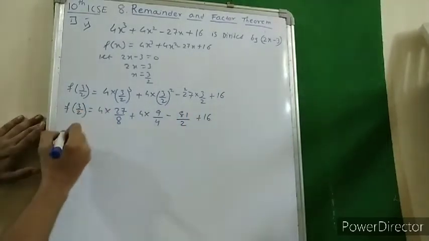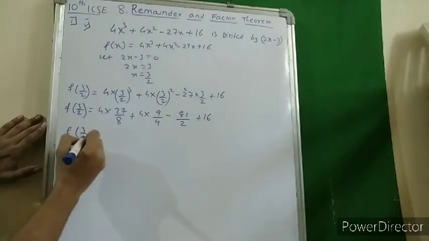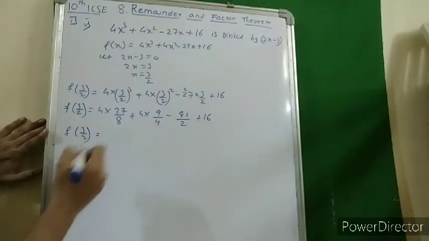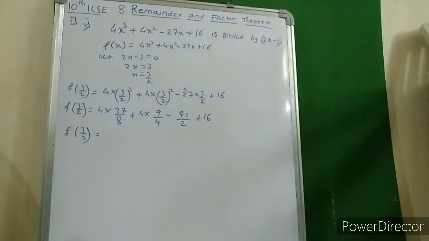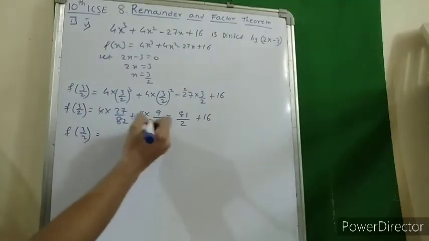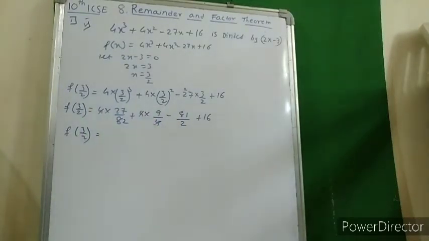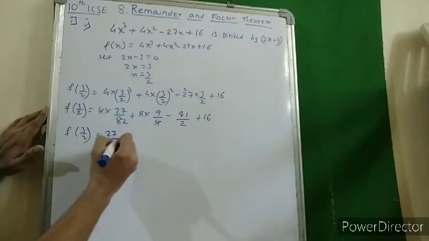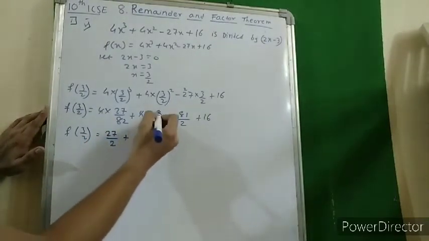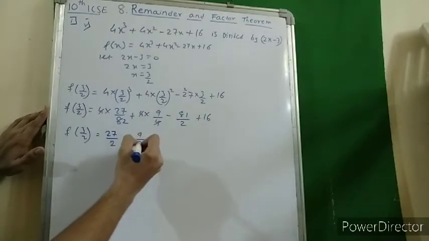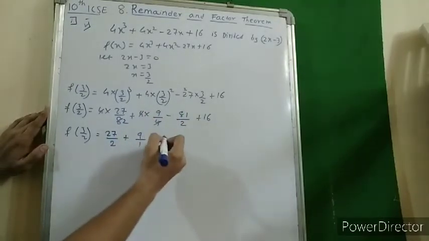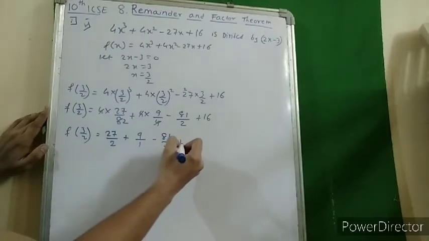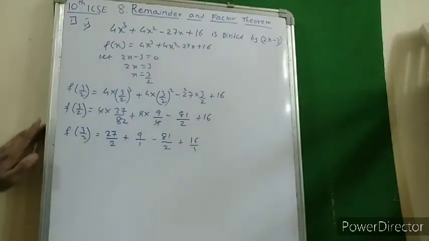Okay, so function of 3 upon 2, whatever I can reduce it, 4 ones are 4, 2 fours are 4, cancel. Okay, so we have 27 upon 2 plus we have 9 upon nothing minus 81 upon 2 plus 16 upon nothing.